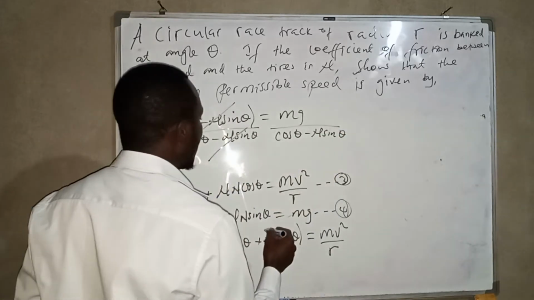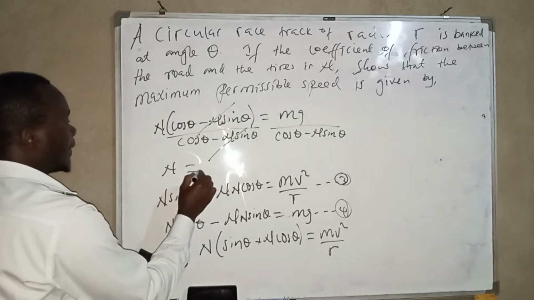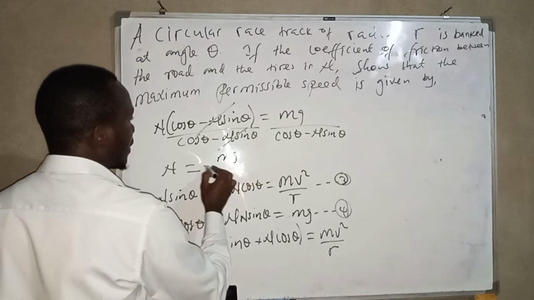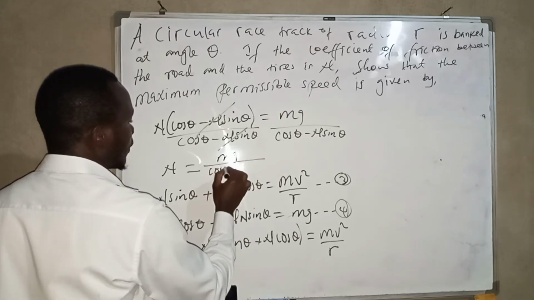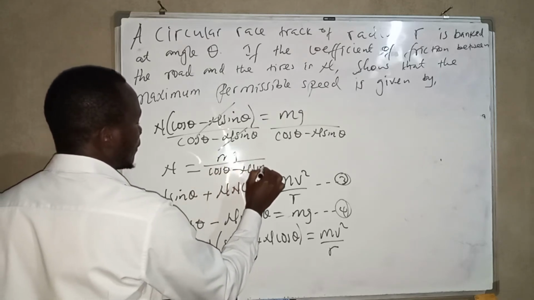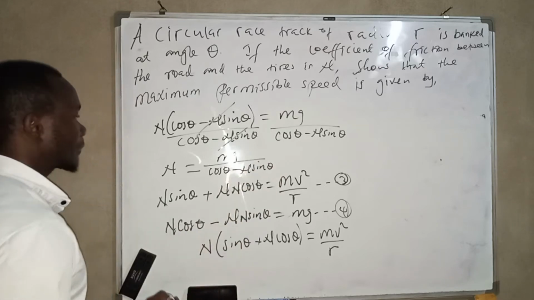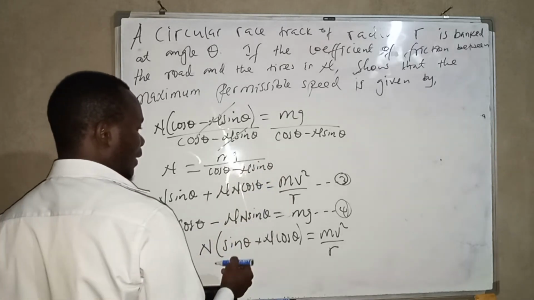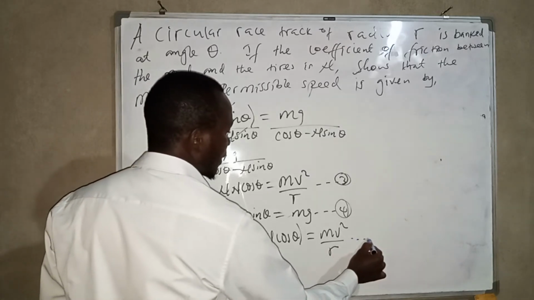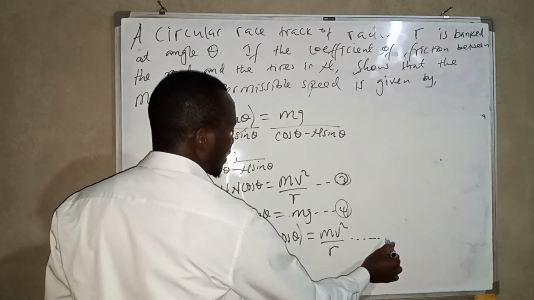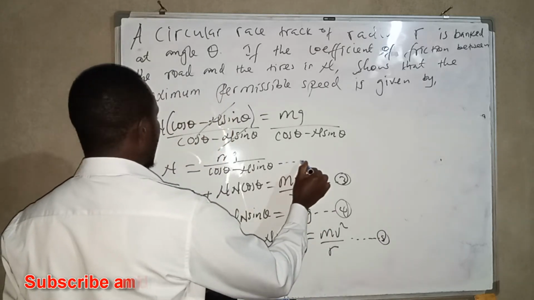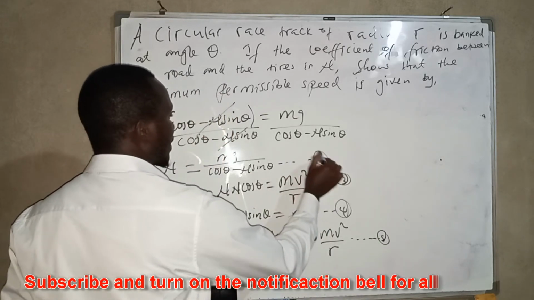And what we're going to remain with is N is equal to mg over cos theta minus mu sin theta. Okay, so let us say this is equation number 5. Then we say this is equation number 6.